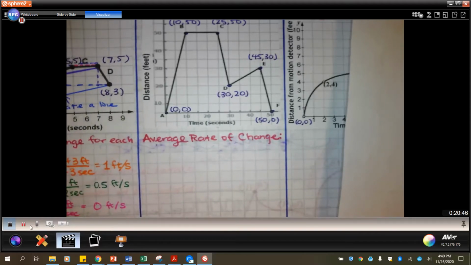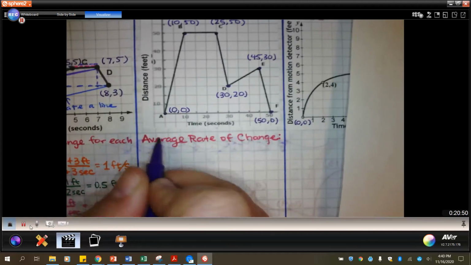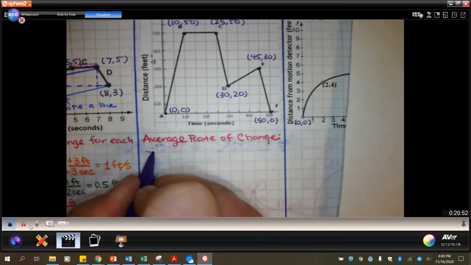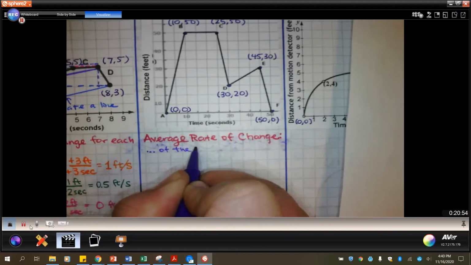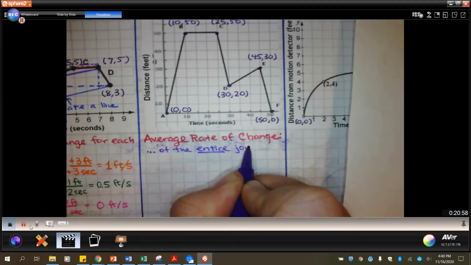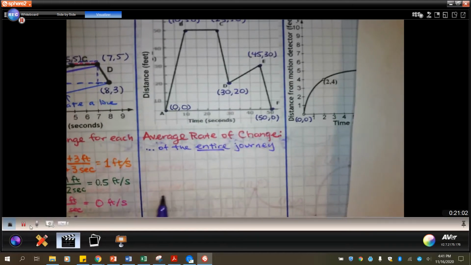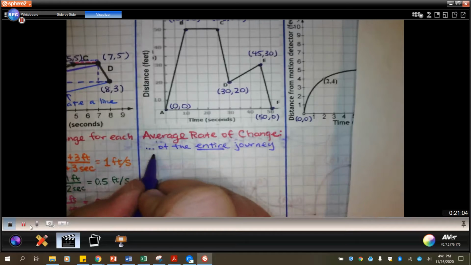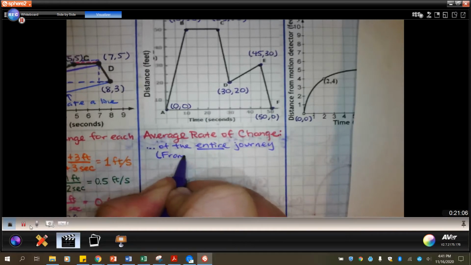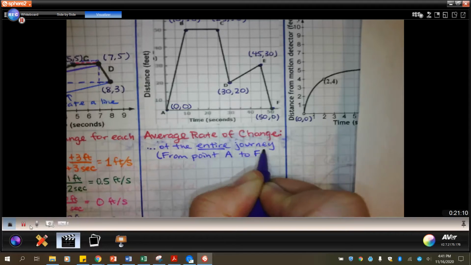So for example, sometimes they'll say, what is the average rate of change of the entire journey? Okay, when they say that, they mean from the starting point to the ending point. So this means from point A to F.